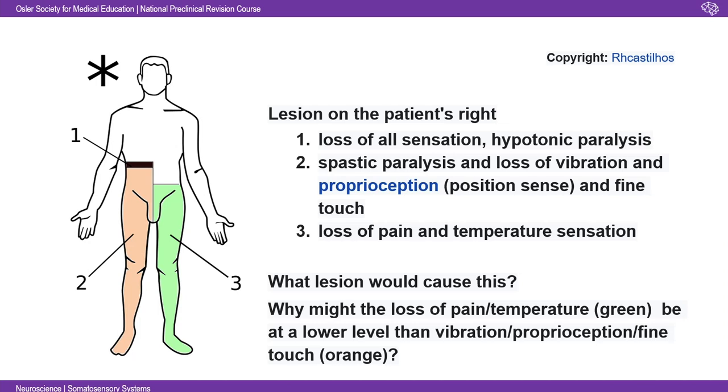Then, if anyone knows, there's a bit of an asymmetry here where the loss of the pain and temperature in green is a bit lower down than the loss of vibration, proprioception, and fine touch on the right. There's probably several reasons for it, but if someone knows, I'll give you a few minutes to think through that.